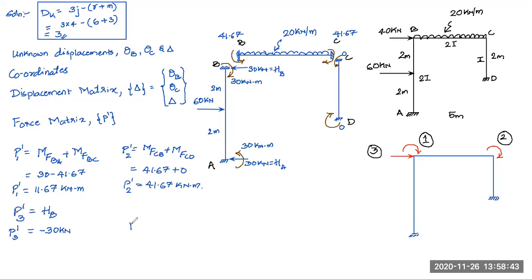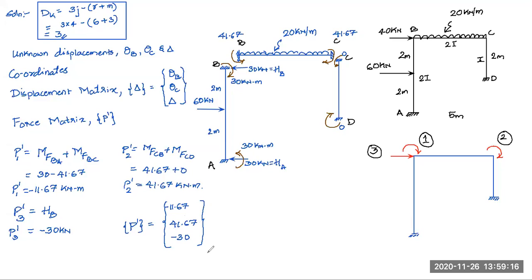Or if I put everything over here in this P dash matrix, it will be equal to P1 dash, which is minus 11.67, P2 dash, which is 41.67, and P3 dash, which is minus 30.